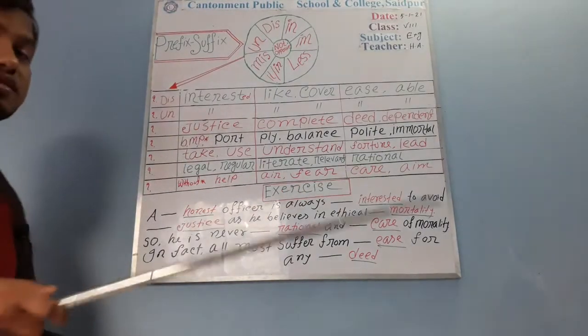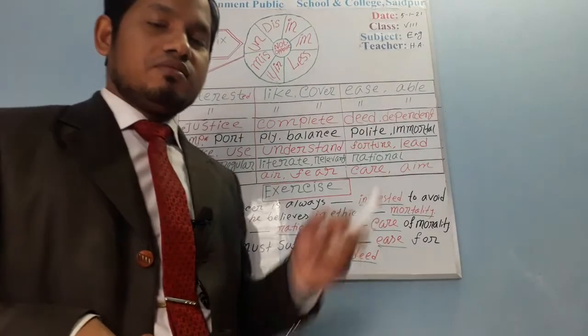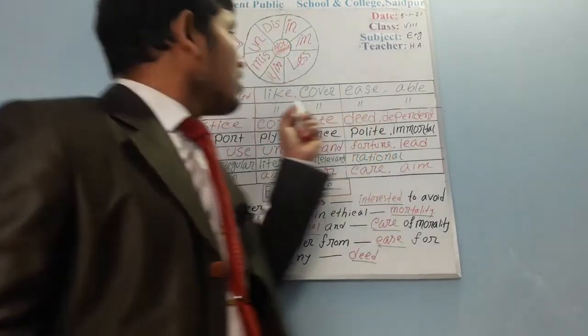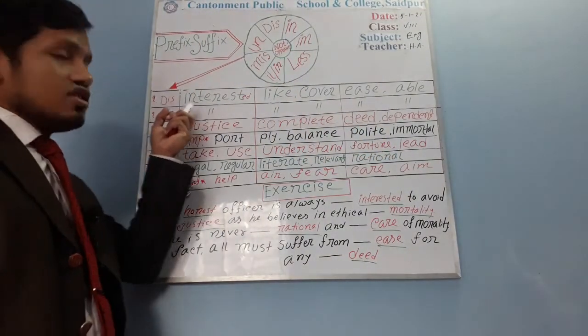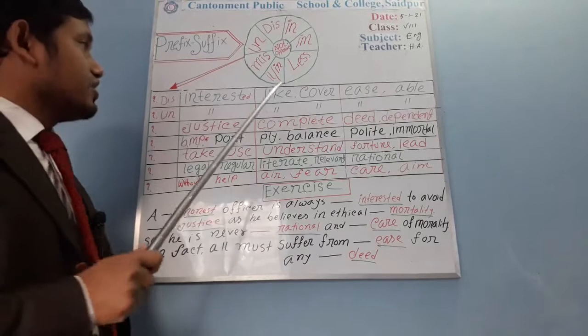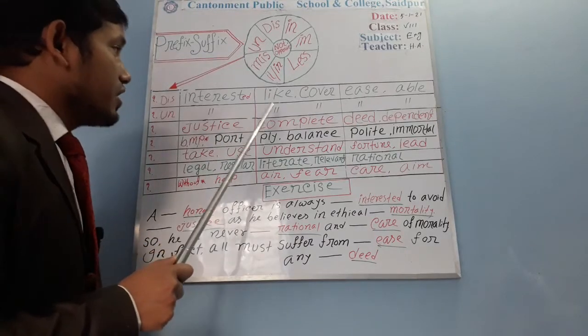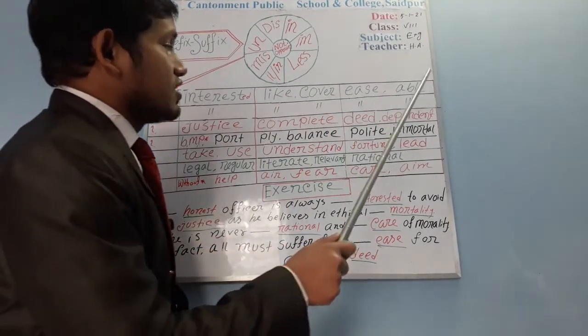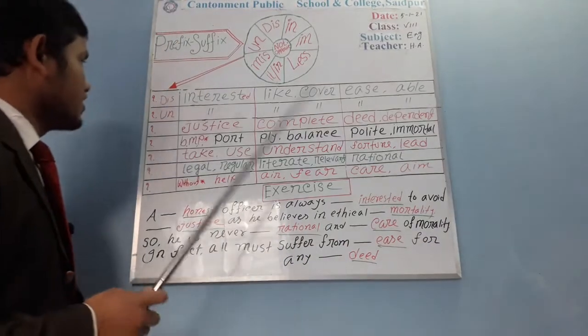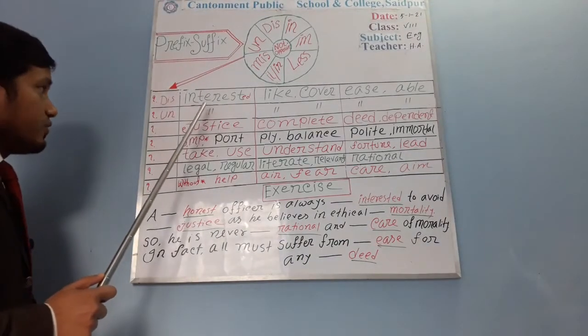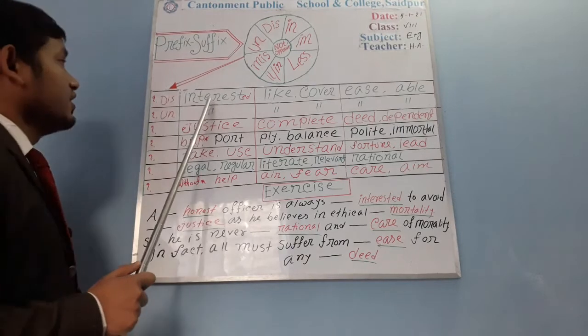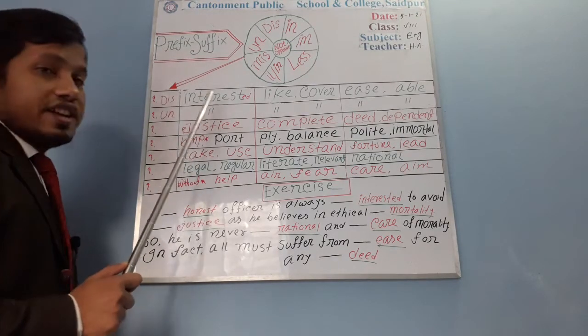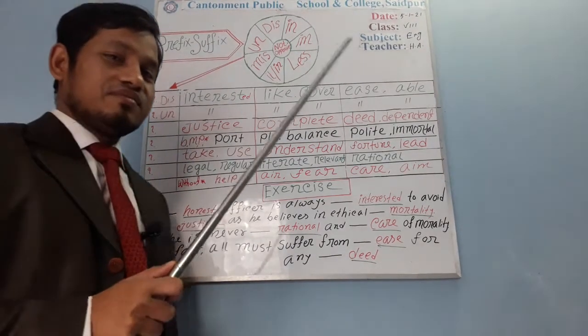So there is a little difference between the uses of these two words, disinterested and uninterested, right? So again, I'm telling you for your better understanding, interested, you will say disinterested.